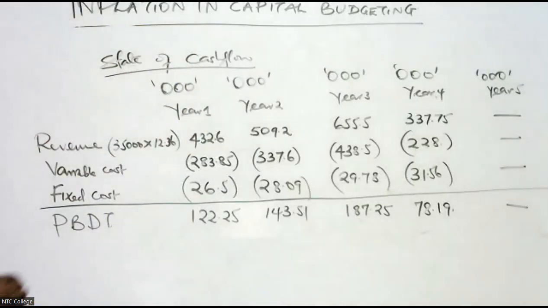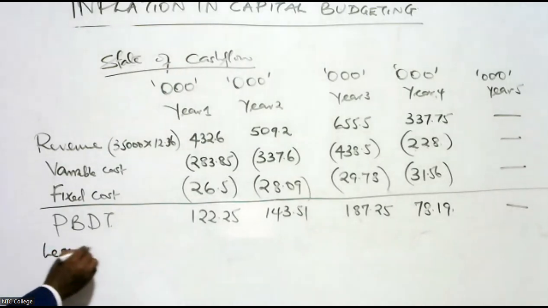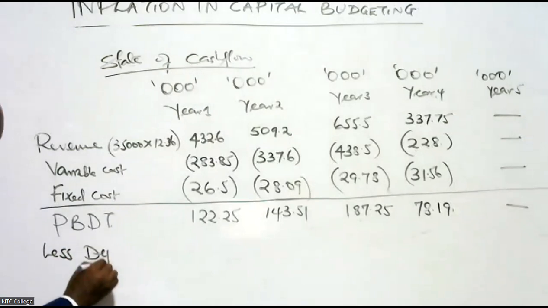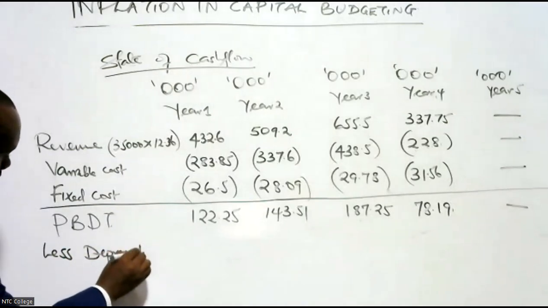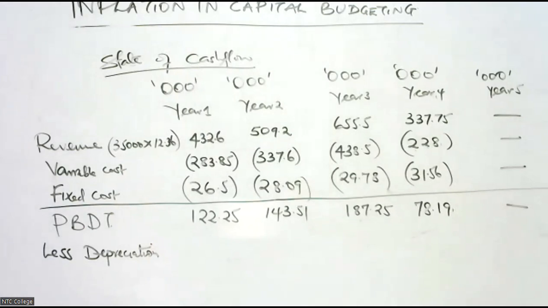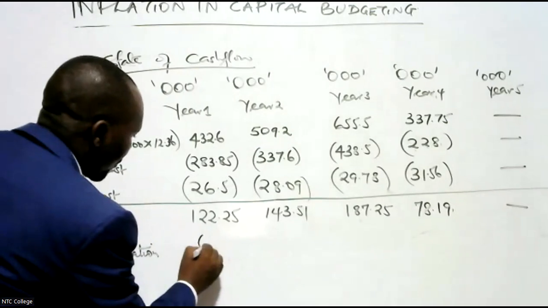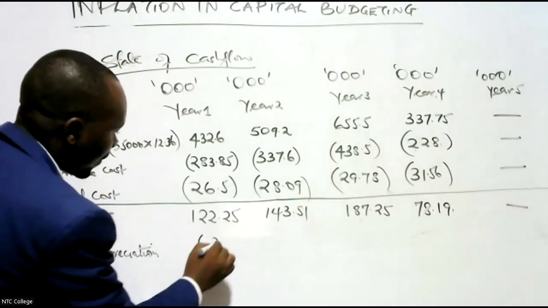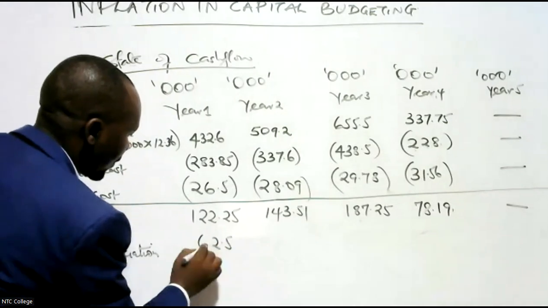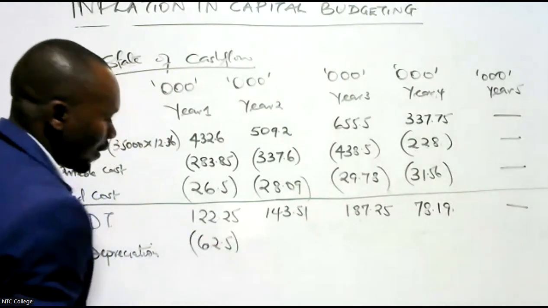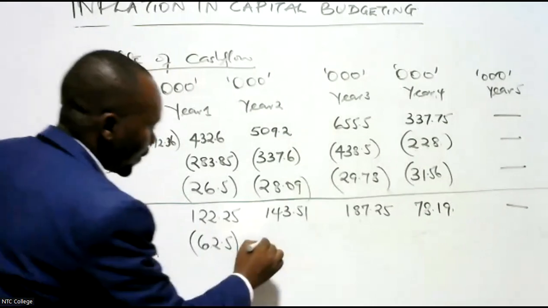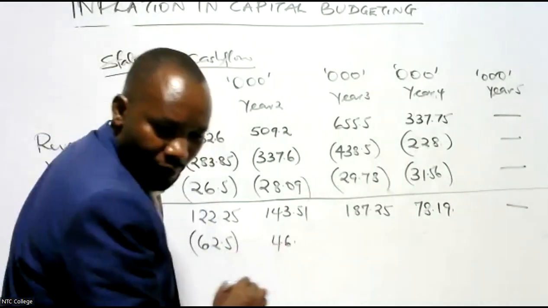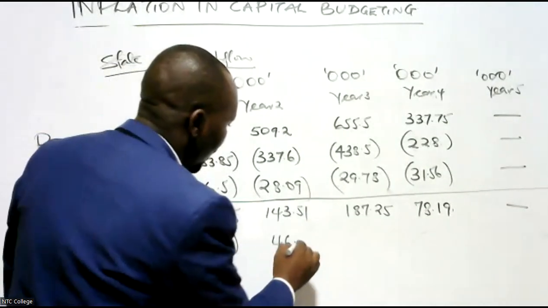So we are okay up there. Now less tax. And now less depreciation still. Depreciation, we had calculated. Year one, we were having 62.5, right? Year two, 46.88.